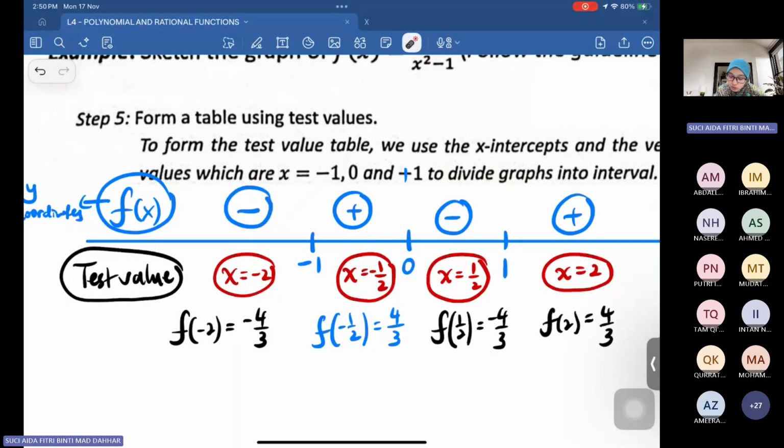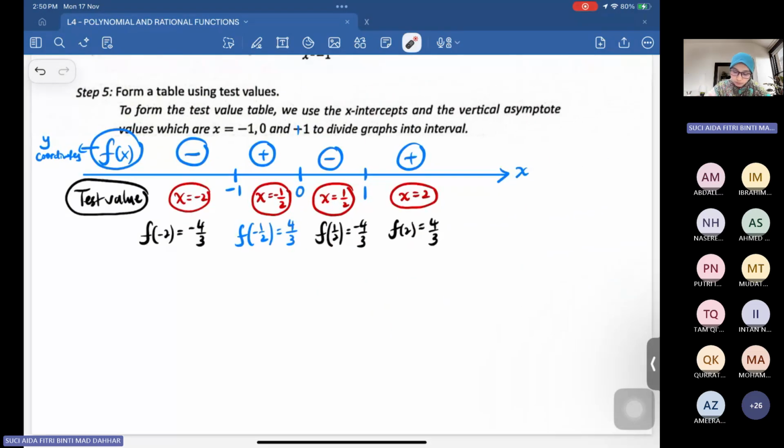Meanwhile, for the region between -1 and 0, because the sign of your y values is positive, the graph will be lying above the x-axis. This one will be below, this one will be above. So this test value table is actually telling you where to sketch the graph, above or below the x-axis.